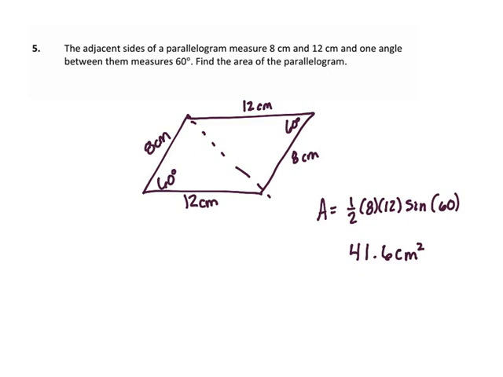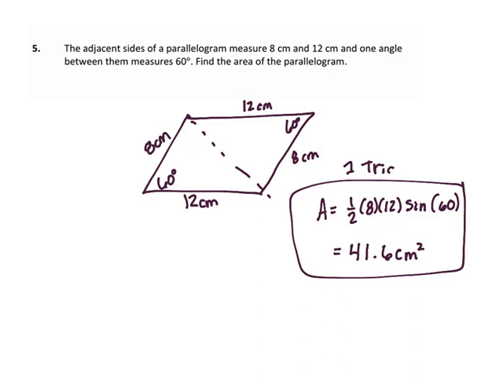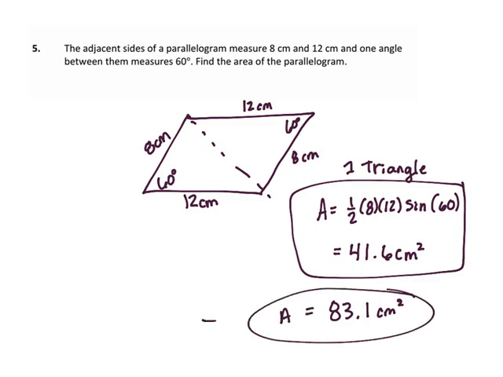And then this is centimeters squared. This is for one triangle. If we want it for 2 of them, we're just going to have to multiply by 2. We get 83.1 centimeters squared for our total area.